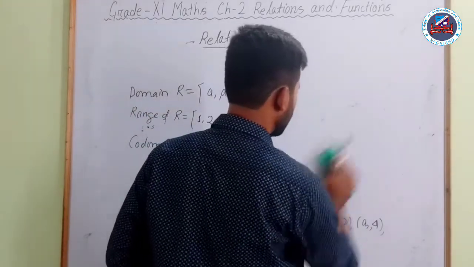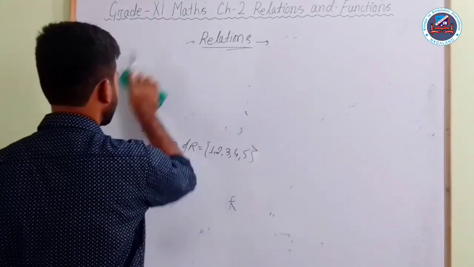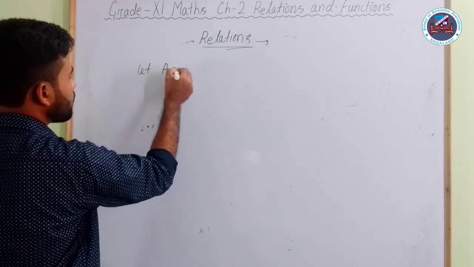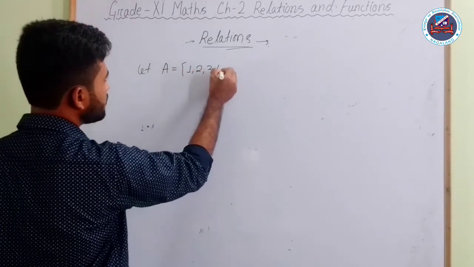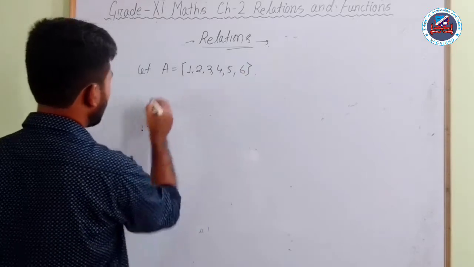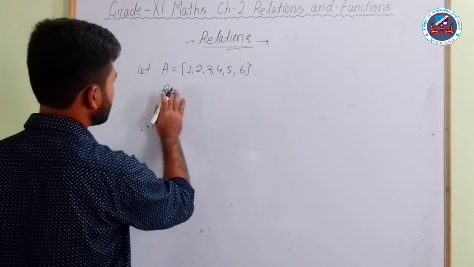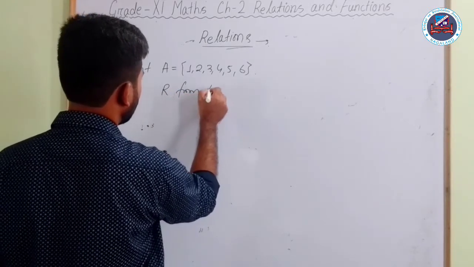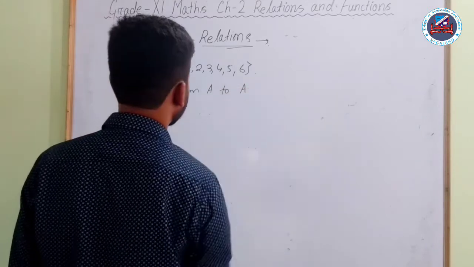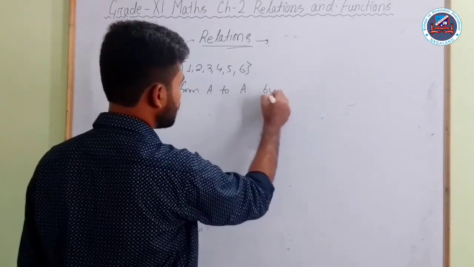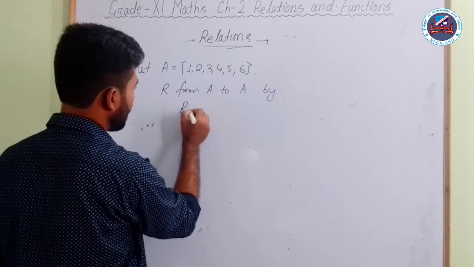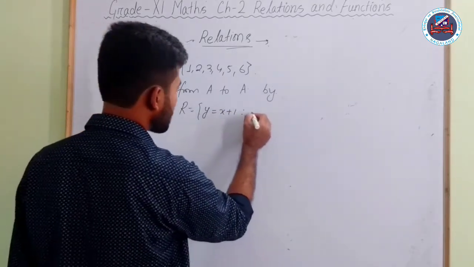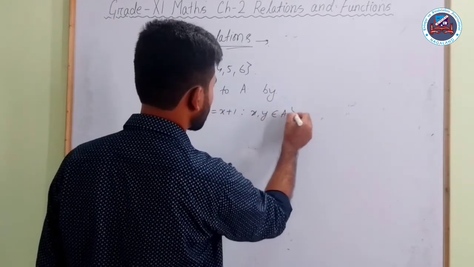So let us see a practical, or mathematical, example. Let us consider A is equal to {1, 2, 3, 4, 5, 6}, and let us define a relation from A to A by R = {(x, y): y = x + 1, such that x, y both belong to A}.